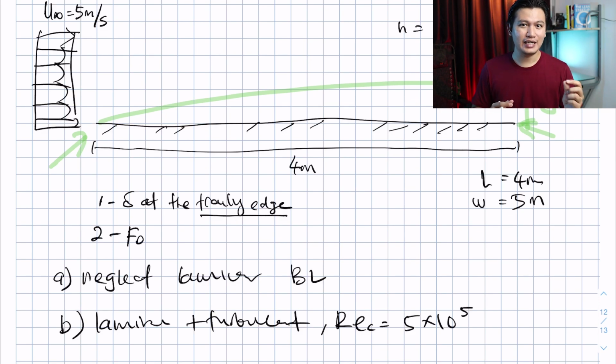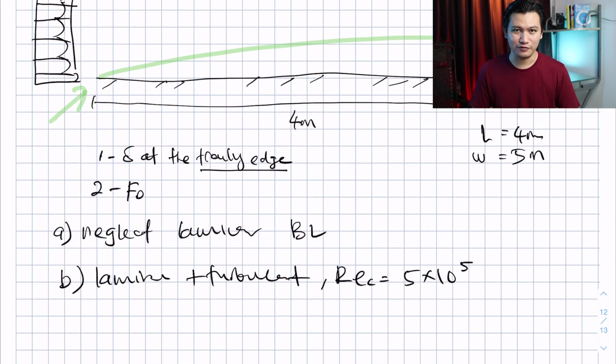First, we're going to find the del and the drag force for turbulent only. And in B, we're going to try and find what happens to the del and also to the drag force if both laminar and turbulent are present on the surface.